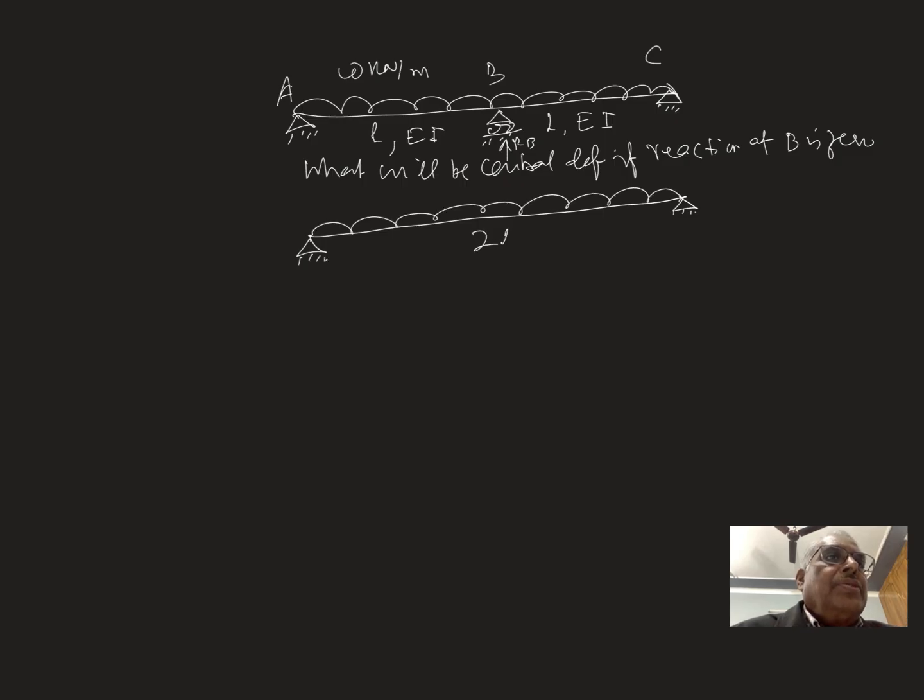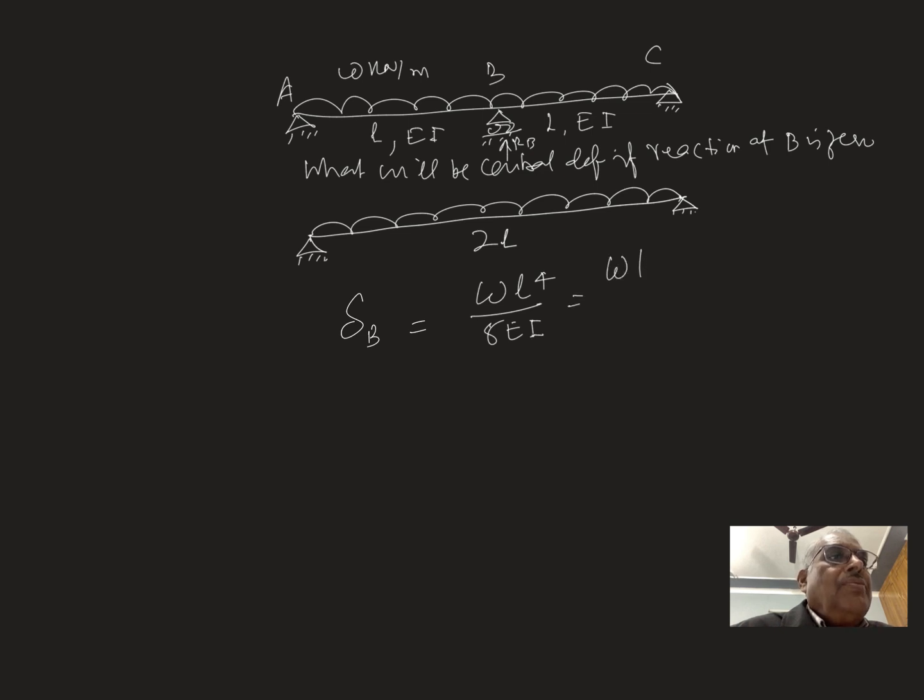Length is twice L. Now the central deflection, you should already know the formula for this. How much is the central deflection? W L to the power 4 upon 8EI. This is the deflection.